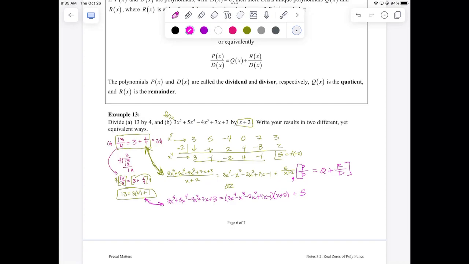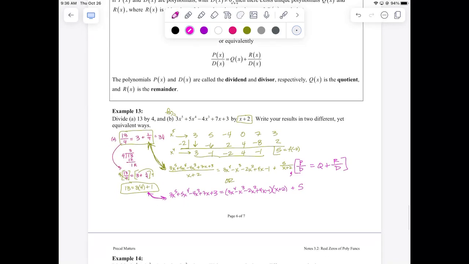You just multiply both sides by the quantity x plus 2 and distribute. Isn't 13 3 times 4 plus 1? Yes. It's the product of the quotient and the original divisor 4 plus whatever remainder is left. So it's just two different ways of writing the same thing. They both mean the exact same thing. The sentence structure is just a little bit different.